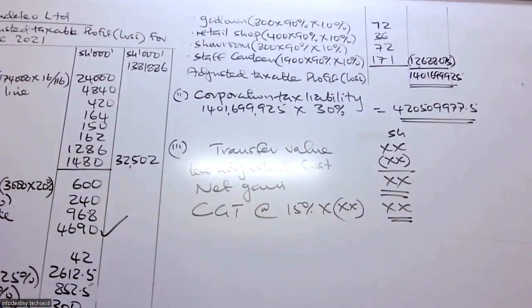So transfer value you get from the sales proceeds, and then you're allowed to deduct any incidental costs. The incidental costs of selling are any costs incurred while selling, like advertising of the building, any cost connected to that. So let's first get transfer value. So the building is sold for 4690. Do we have any cost relating to sale? Look at note 1.